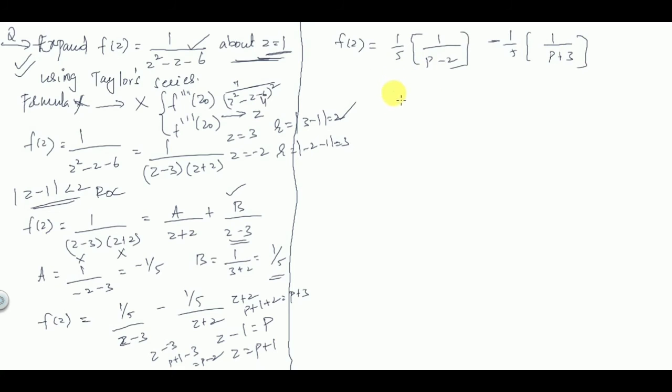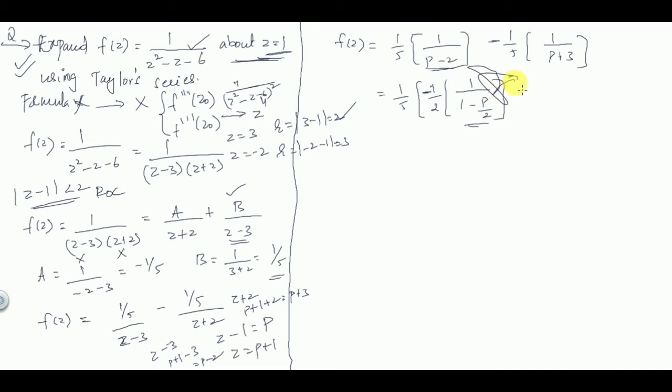Now take 2 common: 1 by 5 into 1 by 2 common, so it will be 1 minus p by 2, that is 2 minus p by 2. The 2 cancels, and you get a negative sign also, because it is not p minus 2, I'm taking 2 minus p.